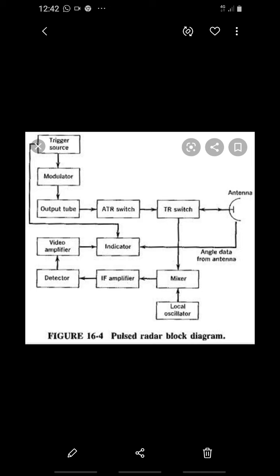It cannot measure the velocity of a moving target but can only measure range. Clutters can cause several problems. Moving targets cannot be detected.